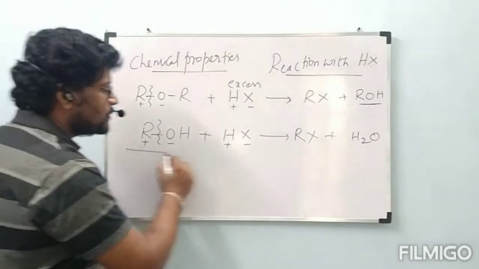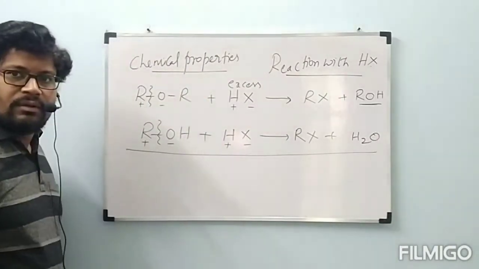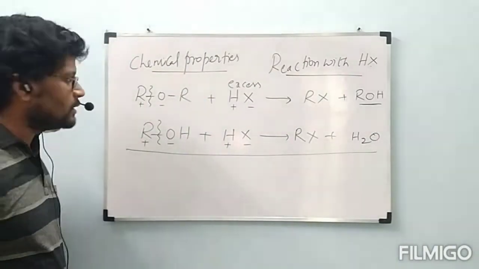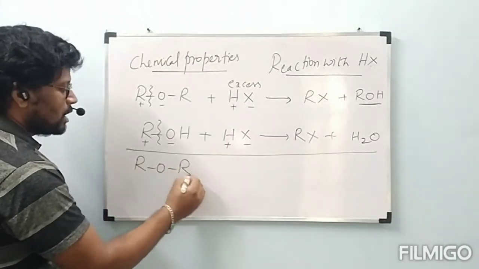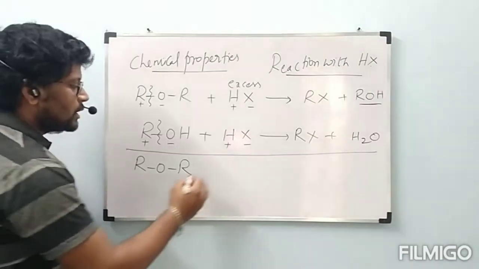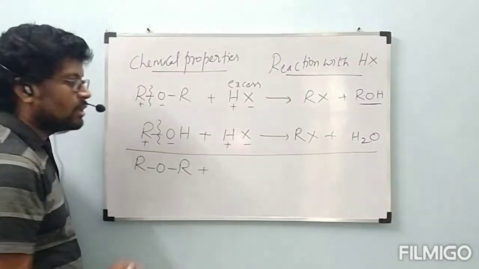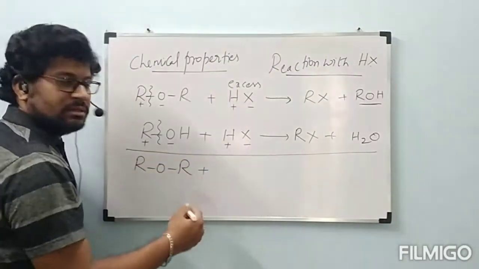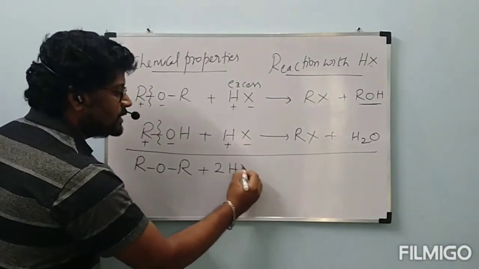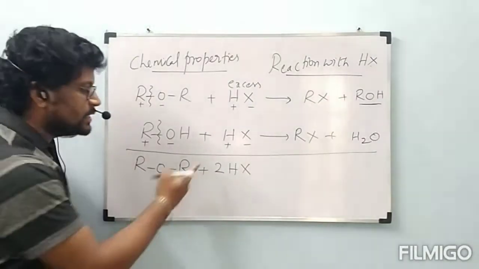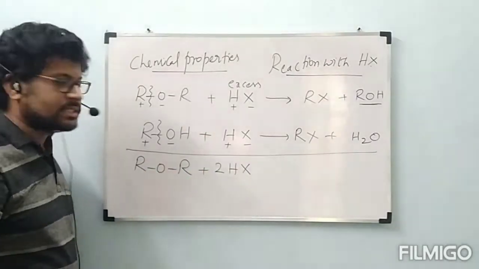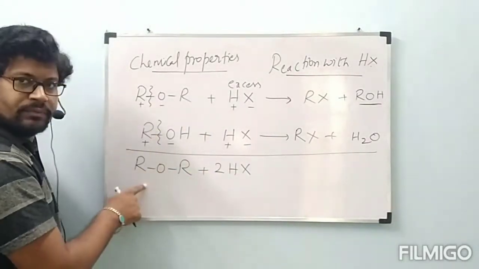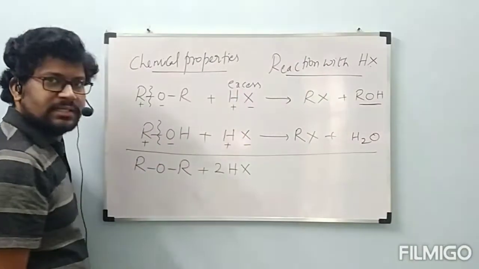Finally, the overall reaction. ROR reacts with how many moles of HX? 2 moles of HX, because this is in excess of HX. So ROR plus 2 moles of HX.